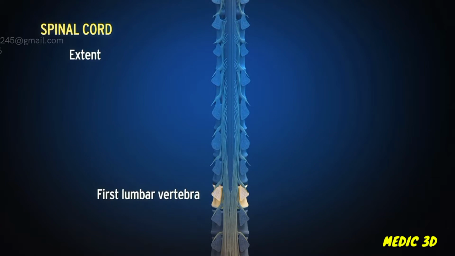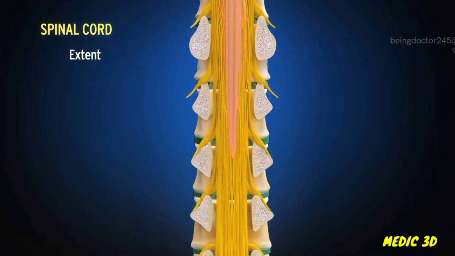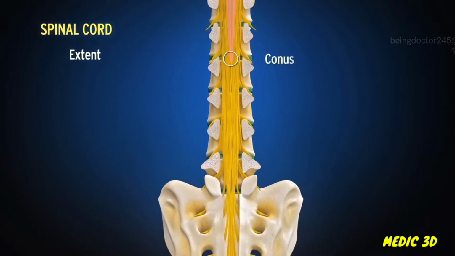The lower end of the spinal cord ends as a tapering structure known as conus medullaris.